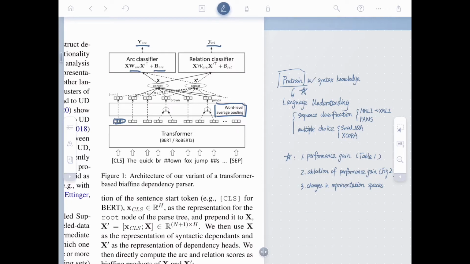This constructs a linear layer to predict the arc label. This is one stream, and in the other stream, they use another matrix with weight and bias parameters to construct another linear layer that predicts the relation label.